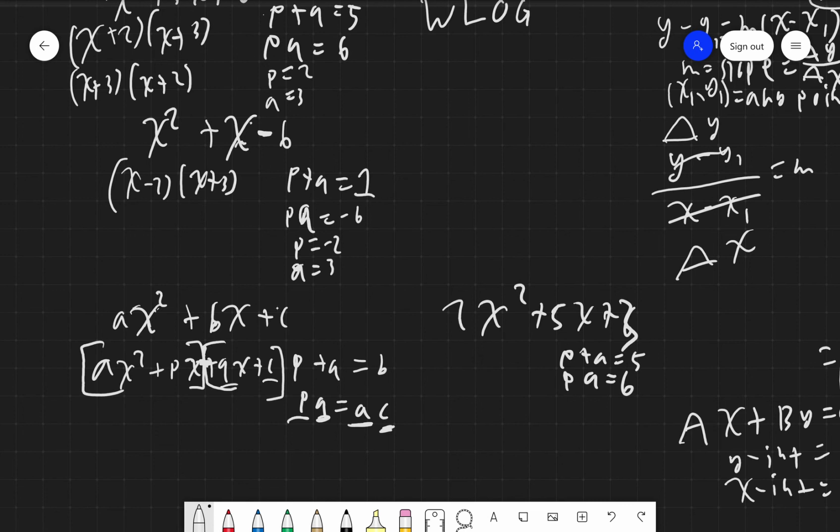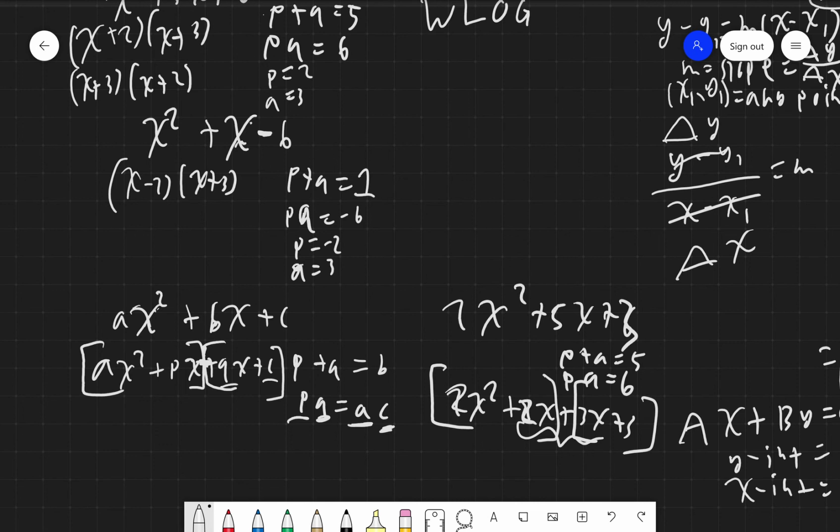Now notice that if we did (x plus 2)(x plus 3), we would not get what we want. So what we do is break up b to get 2x squared plus 2x plus 3x plus 3. We can either put the 2x first and the 3x after, or we can switch these two, but we're not going to switch them because in this case it'll be easier to do our factoring.